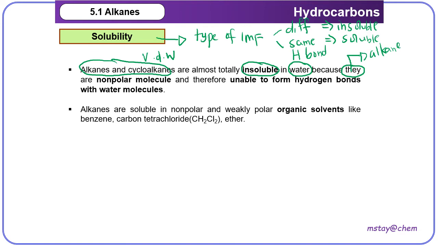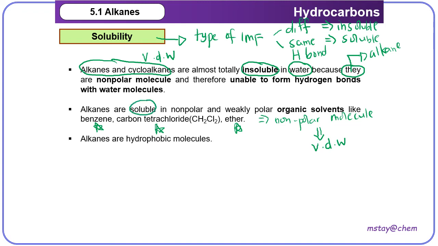For example, alkane will be soluble in non-polar and weakly polar organic solvents, for example benzene, carbon tetrachloride, and ether, because all these three are non-polar molecules. Their intermolecular force will be van der Waals force, the same type, so they will be soluble in each other.